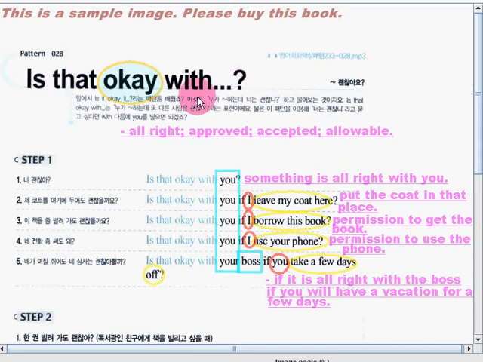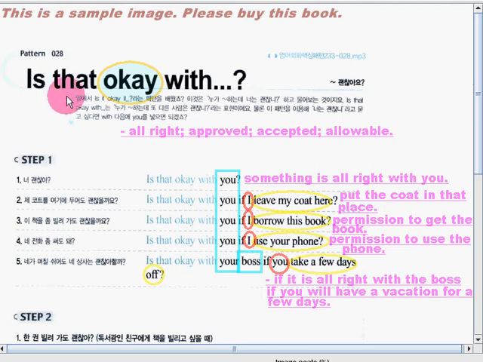It can be you, your boss, your mother, or anyone. As long as it's a person, it is the next word after with. So now, it's like you are asking permission from someone, or you're asking if what you're going to do is approved or acceptable or allowable to someone.